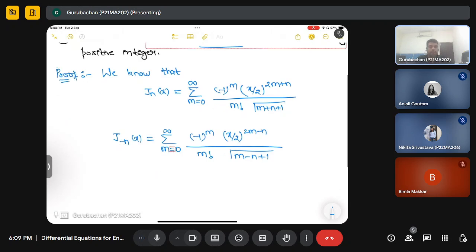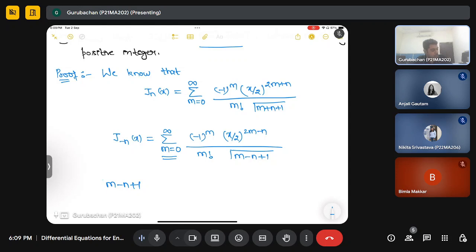Our series starts from m equal to 0 to infinity, and in the denominator we have gamma of m minus n plus 1. The gamma function is well defined for positive integers, positive real numbers, and negative real numbers except negative integers.